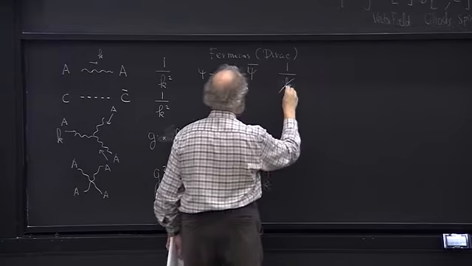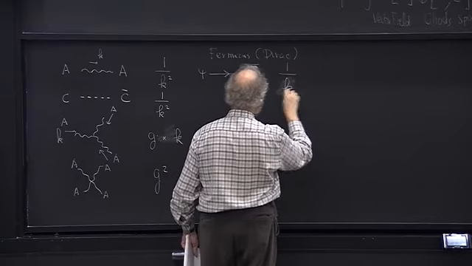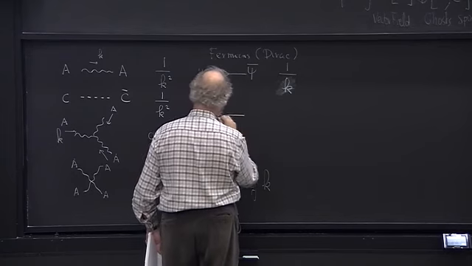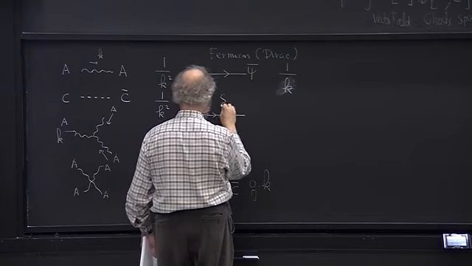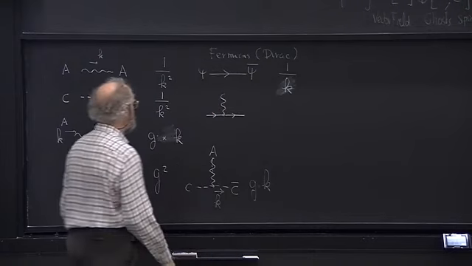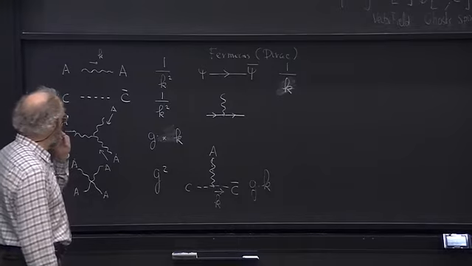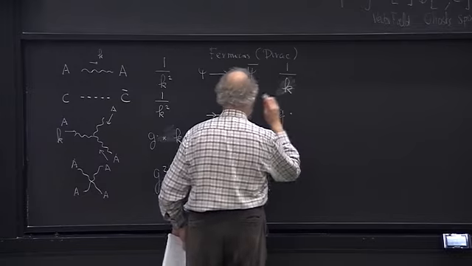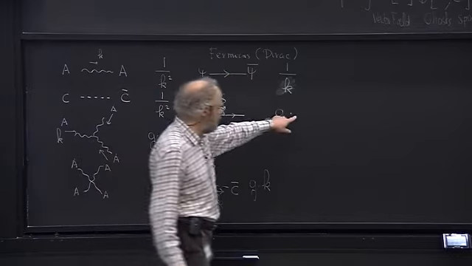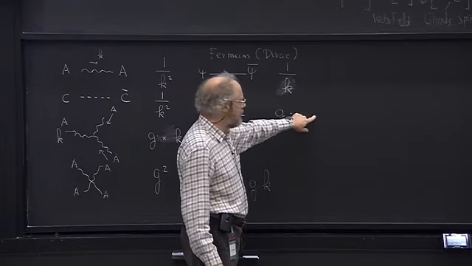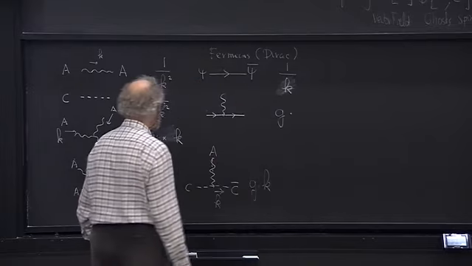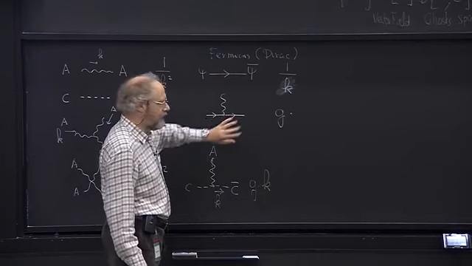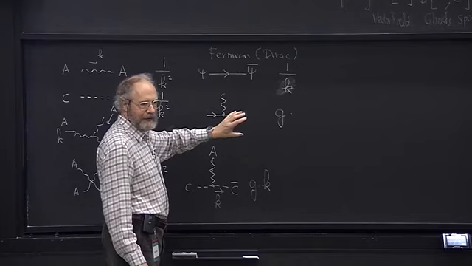So it behaves like 1 over k, and we have the standard coupling between the Dirac field and the gauge field, which is order g, with, again, some gamma matrices and some group indices. But basically, that's the same kind of coupling as in QED, but decorated by the group structure. Okay.